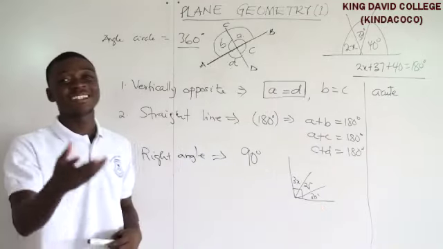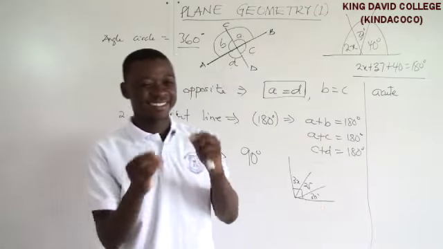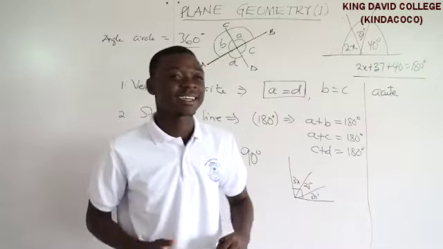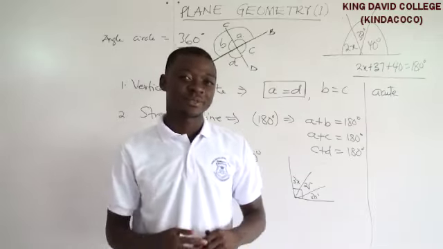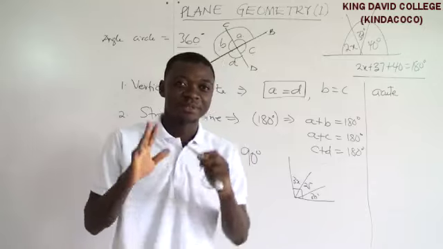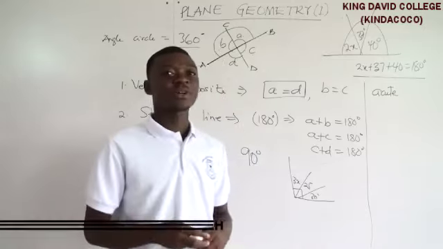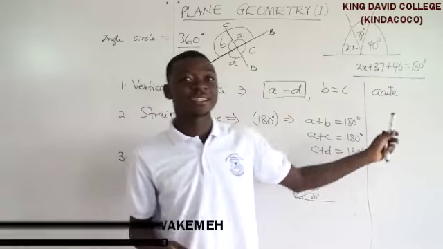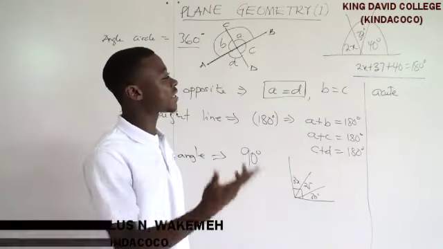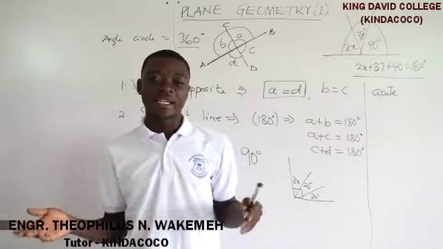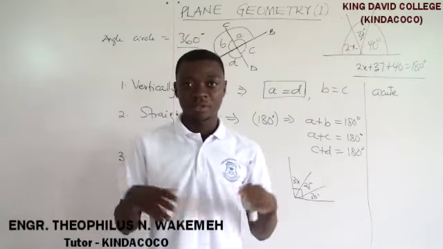So if they say something is cute, you are not that big, you are sizable. So when we say acute angle, it means that the angle is not too big, it's not too small. You get it?